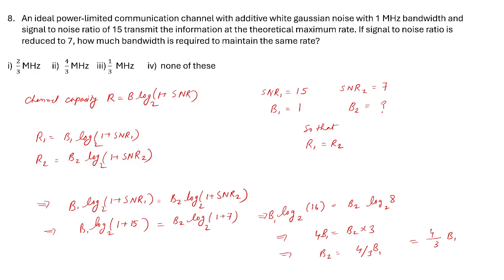From that knowledge only, you can easily cancel out the first and third options, that is 2/3 and 1/3 megahertz, because they are less than the earlier bandwidth, but you are supposed to use more bandwidth. So it brings you down to between 2 and 4 only.